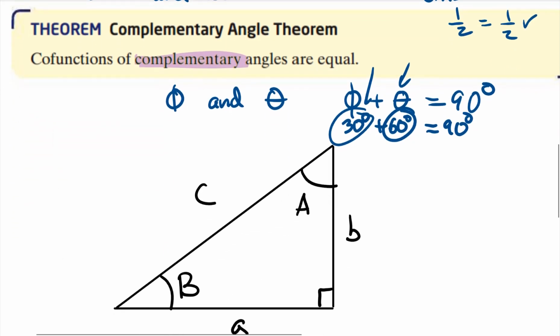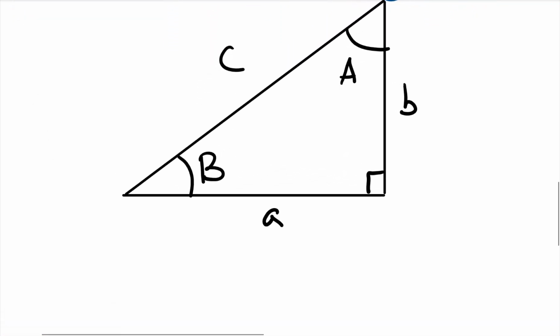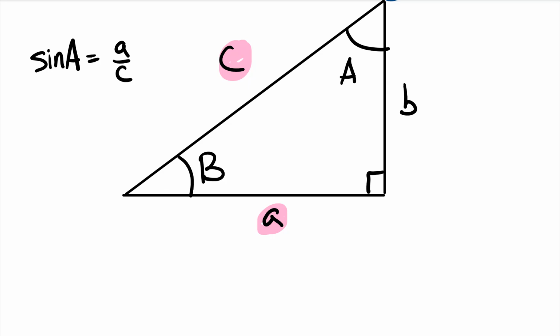Well, let's see it another way, maybe that way doesn't work well for you. Let's look at sine of A. That's going to be our opposite over our hypotenuse, just A over C. Let's talk about its co-function. The co-function to sine is cosine.